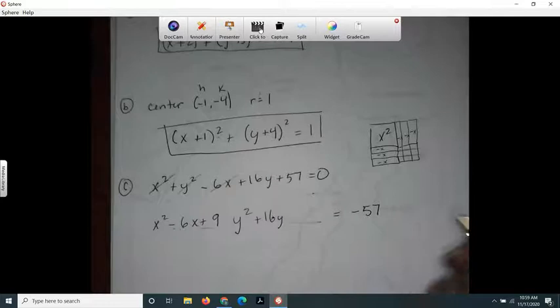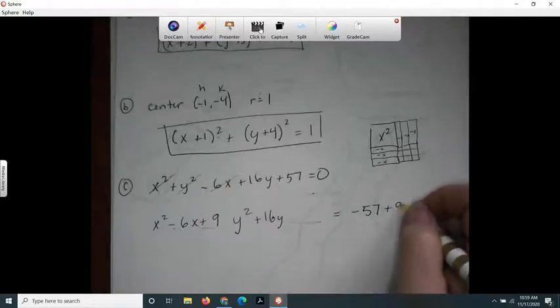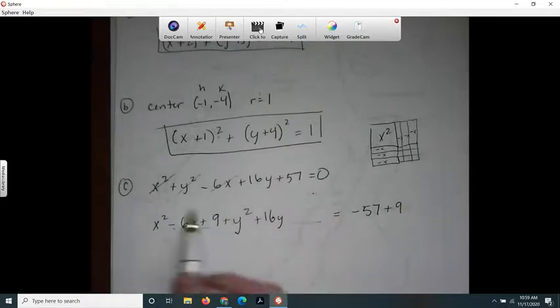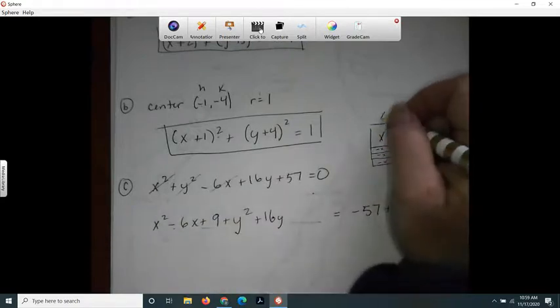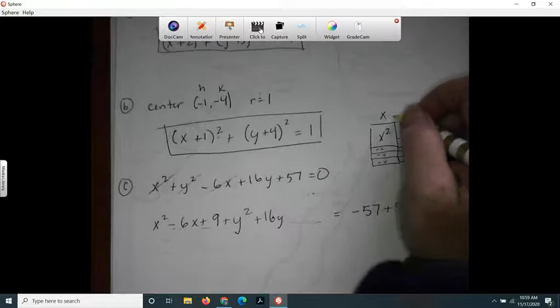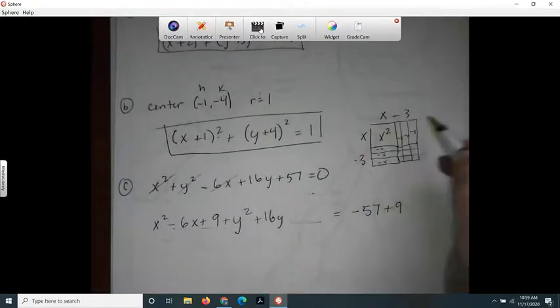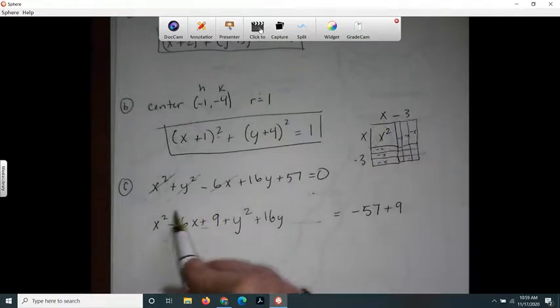And then now that I have this all completed, this is x minus 3 and x minus 3, like if I'm thinking about an area model. So that means that I can rewrite this whole thing as x minus 3 squared.